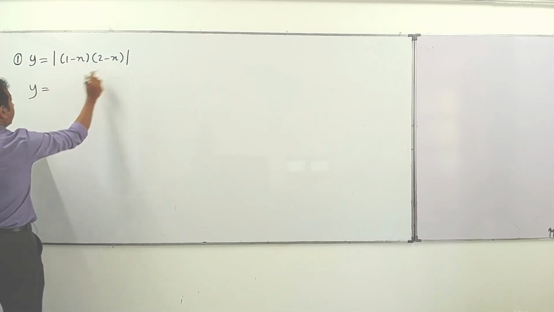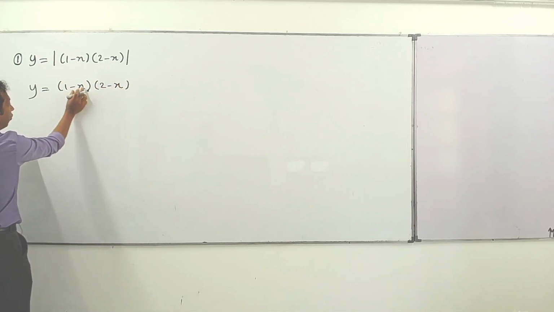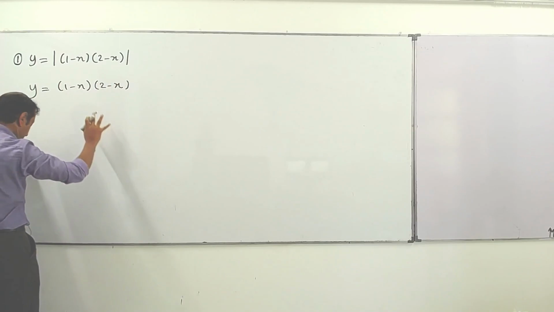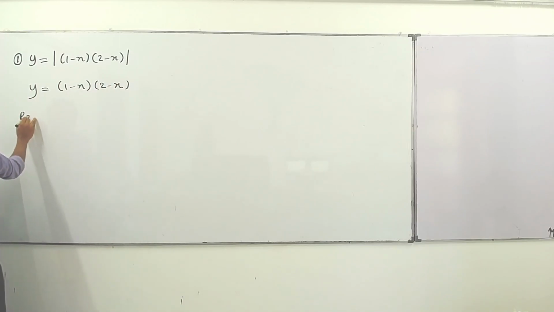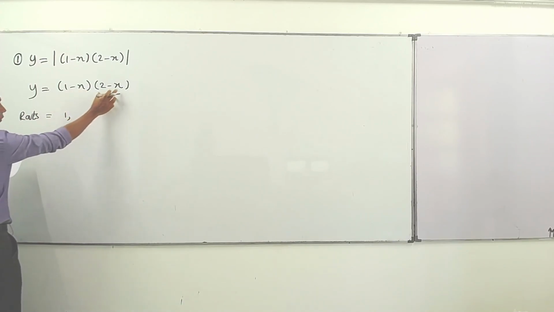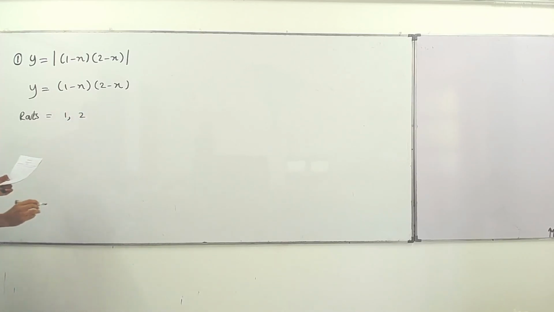Without this modulus, that graph I am going to draw first. When you multiply it out, x squared minus 3x plus 2 comes, so the graph is a minimum graph. Two roots we can write. Equal this to 0, x equals 1. Equal this to 0, x equals 2. Roots are 1 and 2.